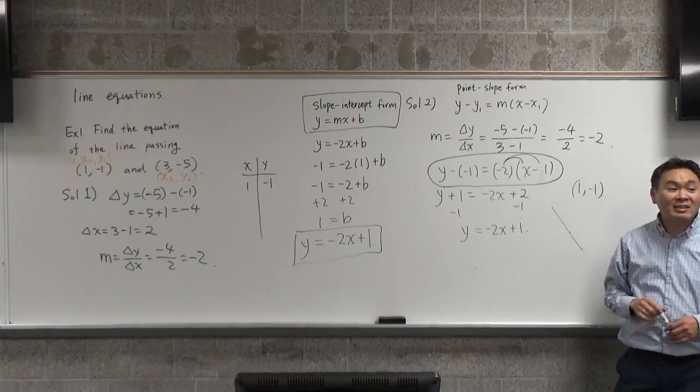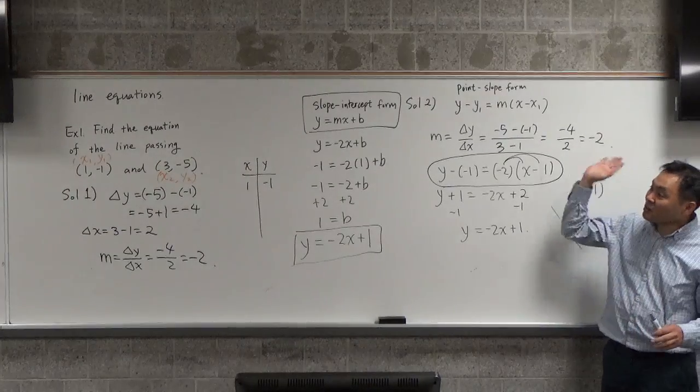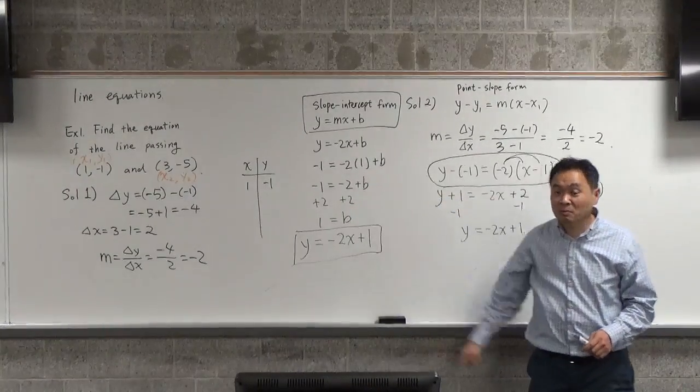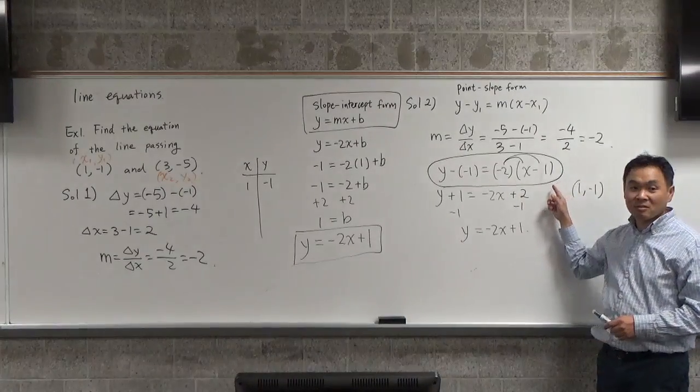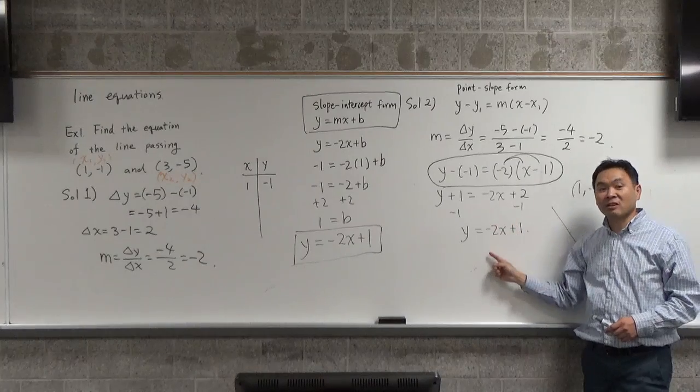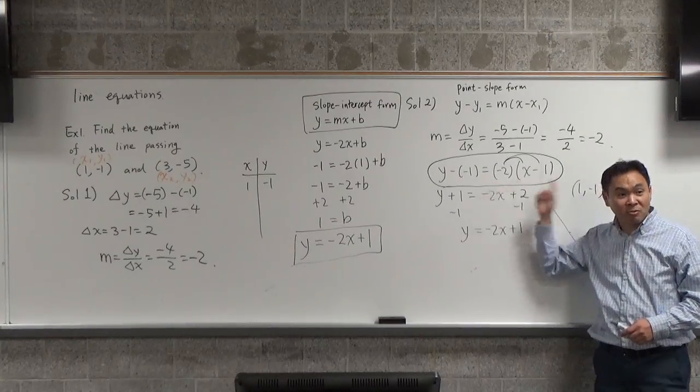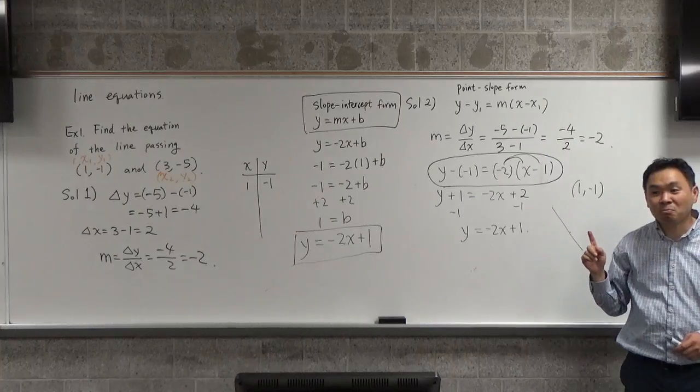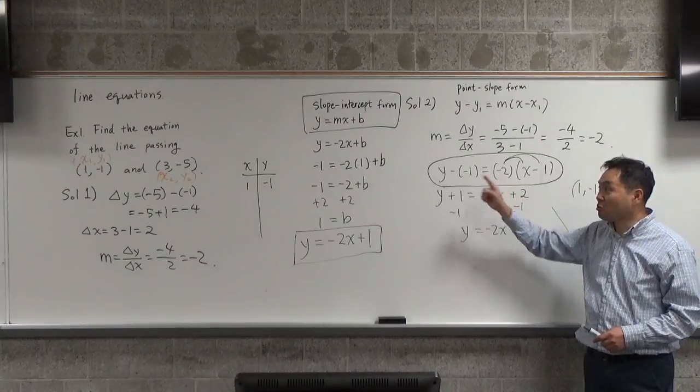But for my exams, if I say find the equation and I have something like this, then you can just stop here. And I wouldn't even care if you make a mistake afterwards. If this is correct, I'll give you full credit. Okay? So that's a big motivation to use this one over the other one.